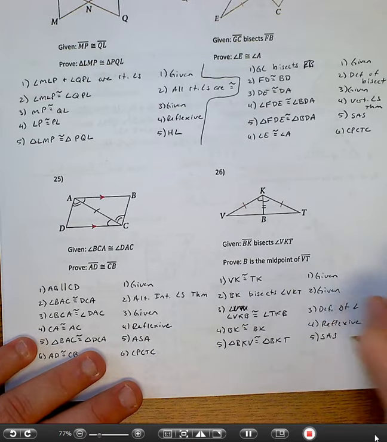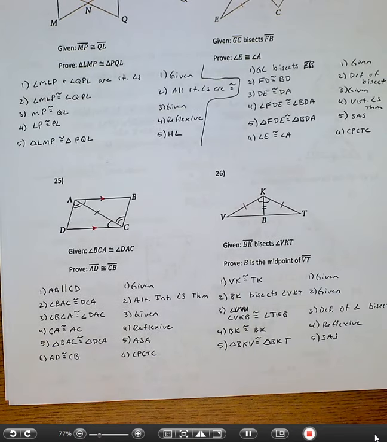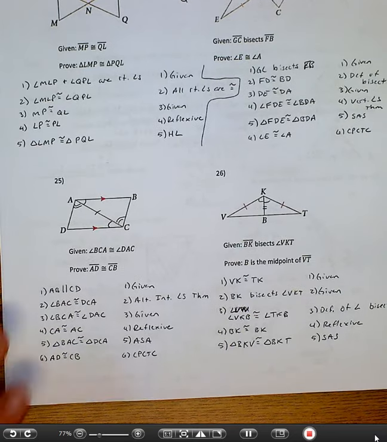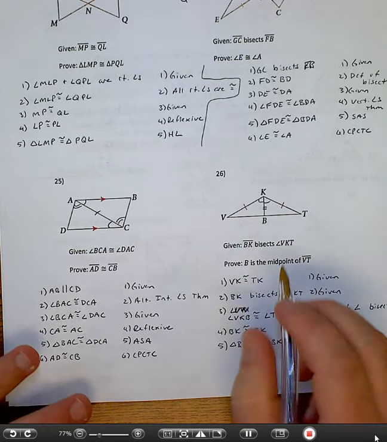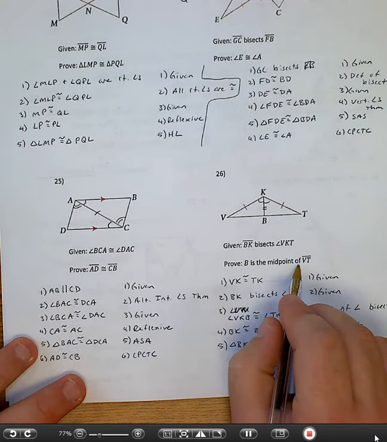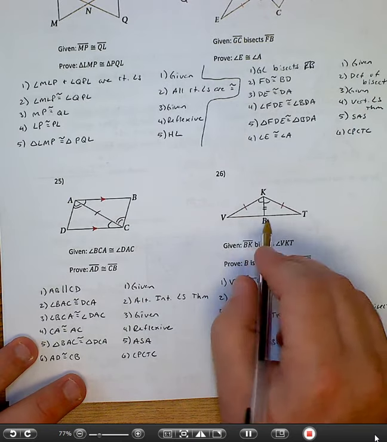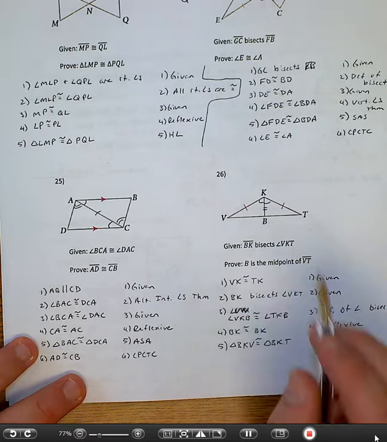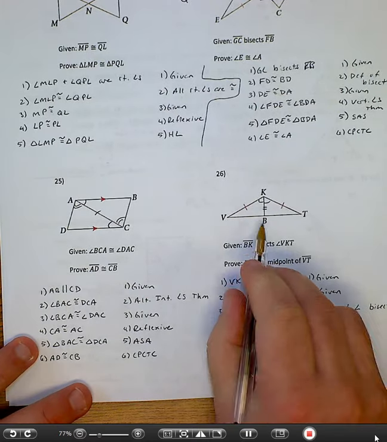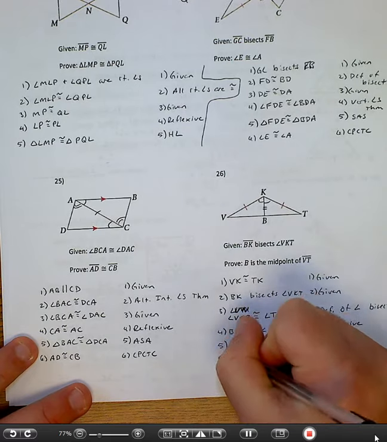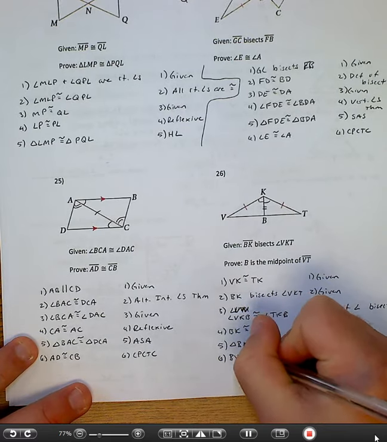Now, this is where it gets a little tricky. A lot of people want to say, oh, then B is the midpoint because of CPCTC. That's not true. Okay? If B is the midpoint of VT, which is what we want, we would have to show that BV is congruent to BT. The only way to say that is because of CPCTC, and that's what I'm going to say next. BV is congruent to BT.